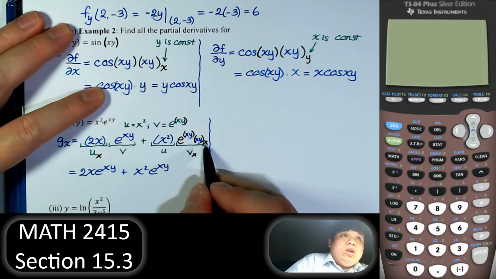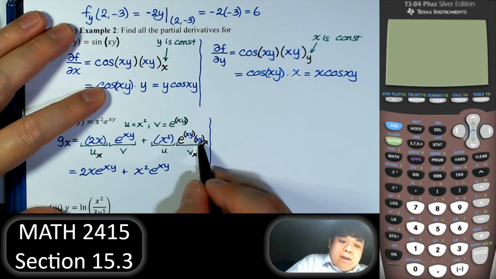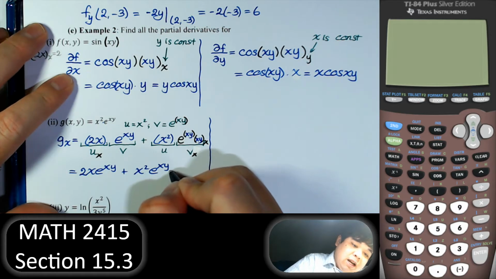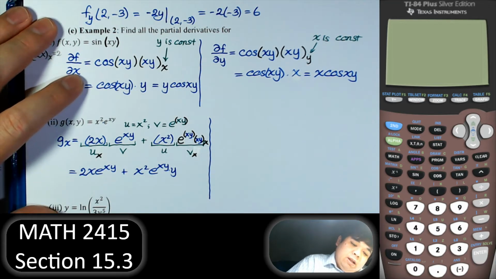Derivative of xy with respect to x, once again, with respect to x, y is a constant. Derivative of a constant times x is just that constant. And that constant is y. And if we want to, we can factor out e to the xy.